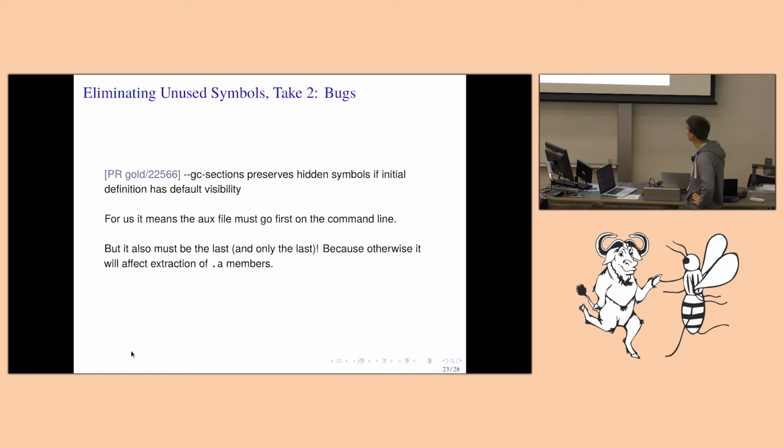So if it sees a symbol with a visibility attribute, and sees it again with lower visibility, it does not update. It has already set the state, and the GC sections won't respect that. So for us, it's broken.